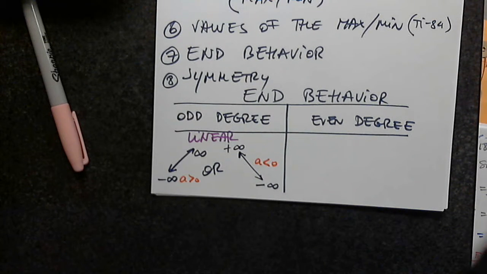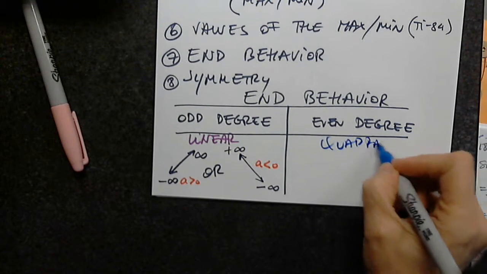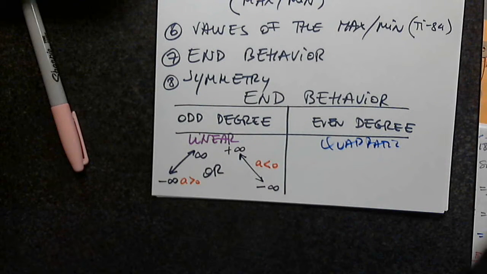Can anyone give us the simplest possible even degree polynomial function that by now we dream about? So quadratic. What are the only two possibilities for a quadratic? Exactly. So what is the end behavior for such a quadratic function? To positive infinity. What is the other option? What is the end behavior for such a function?